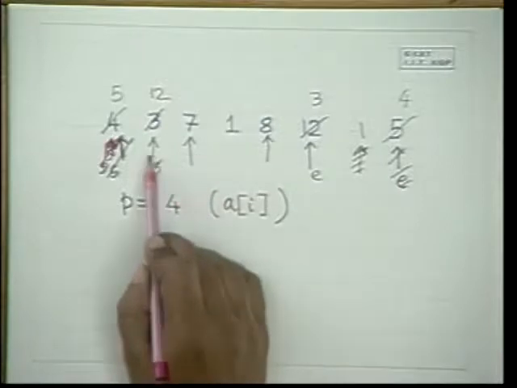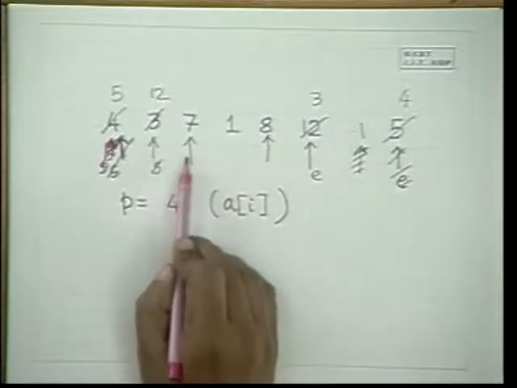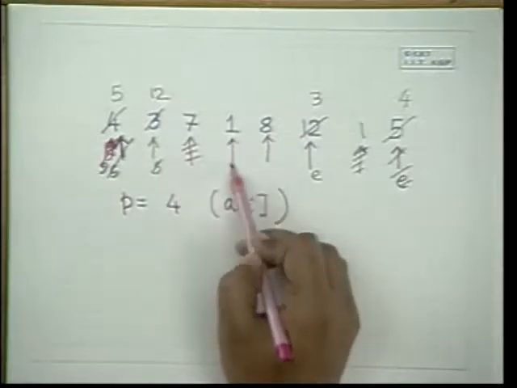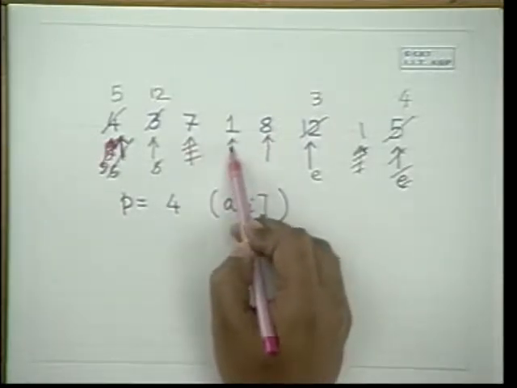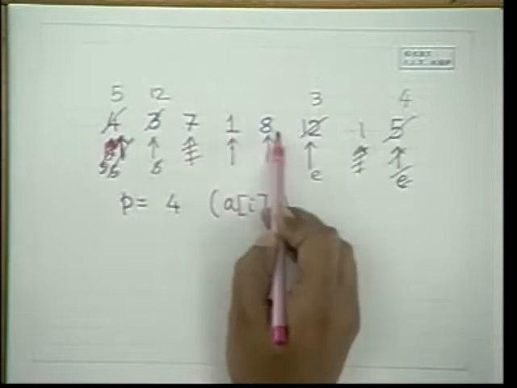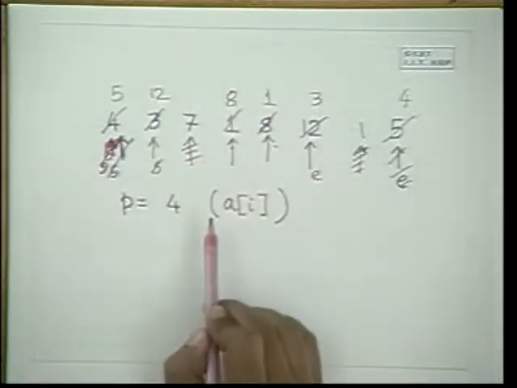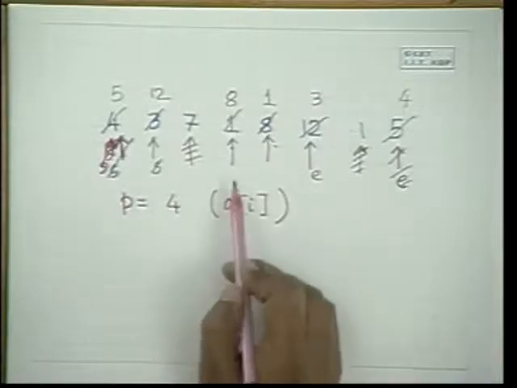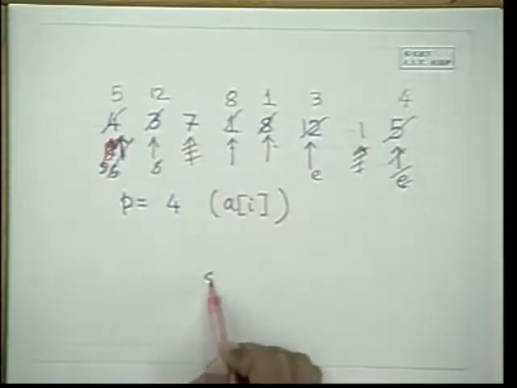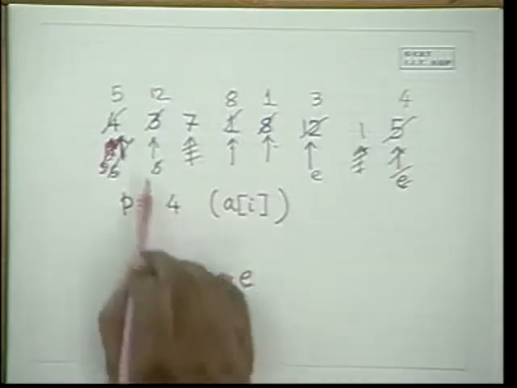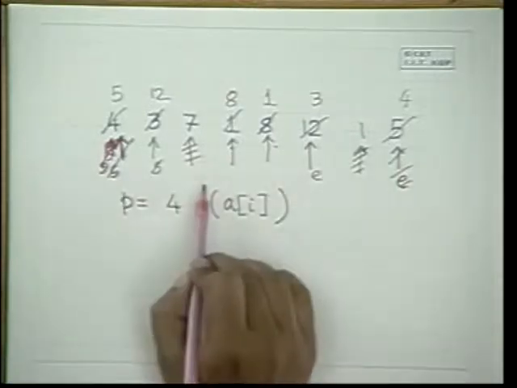So here what do we do? This is greater than, so we continue. This is less than and this is greater than, so we exchange these two. And when do we stop? When S becomes greater than or equal to E. When this index crosses this index, we can stop.